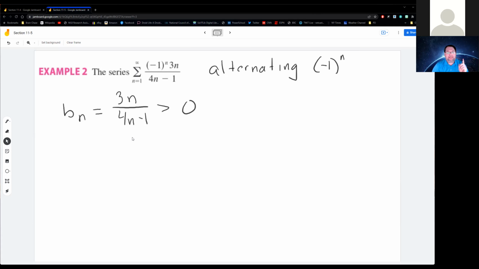The main piece is: is it alternating, and does it satisfy the other two conditions? Condition 1 is Bn plus 1 is less than or equal to Bn. And condition 2, the limit as n goes to infinity of Bn equals 0.